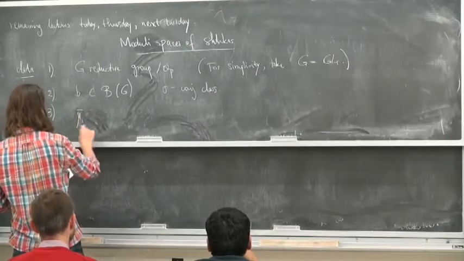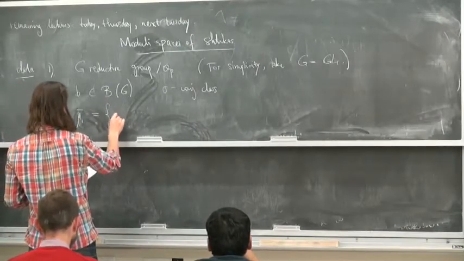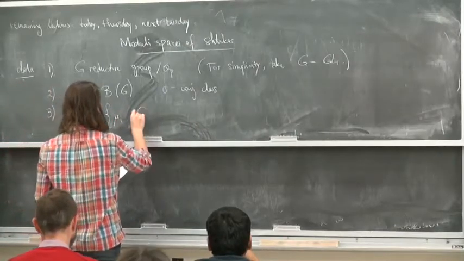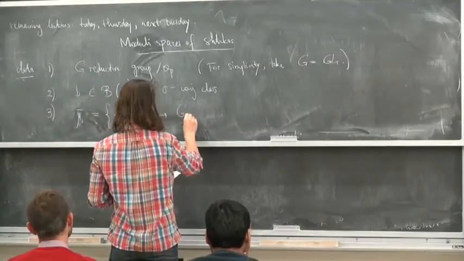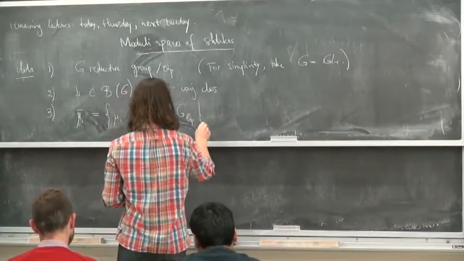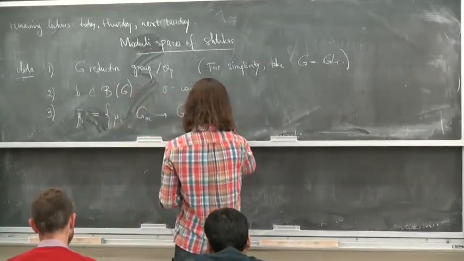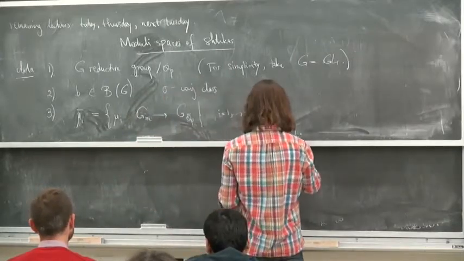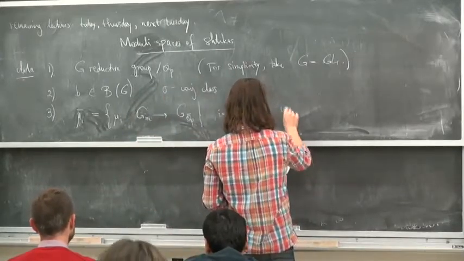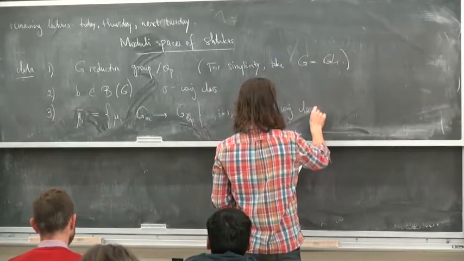It's called the conjugacy class of mu bar, so they are sets of conjugacy classes, many of them possibly. Conjugacy classes of cocharacters.